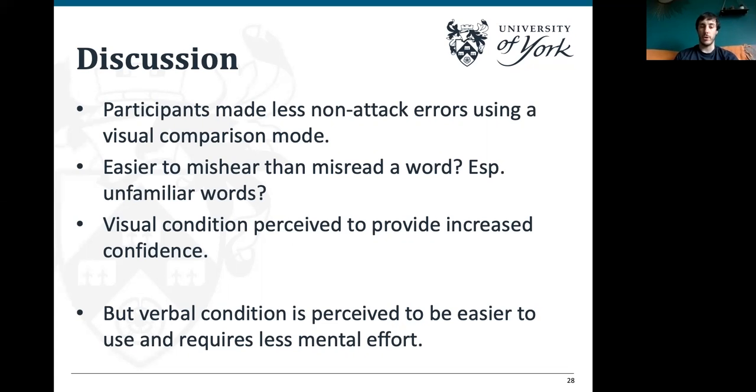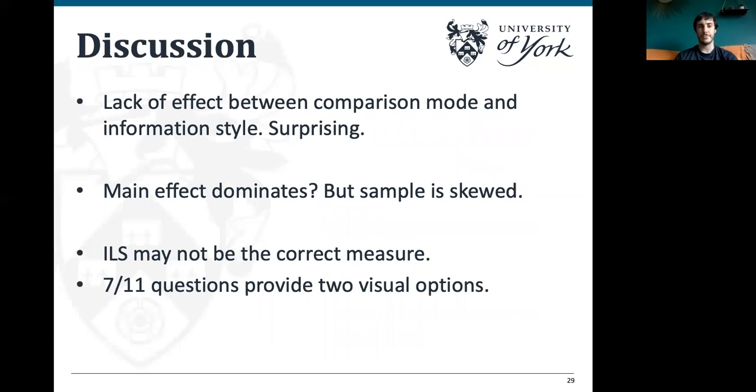In contrast, verbal conditions are perceived to be easier to use and require less mental effort. So in some cases, even though the visual condition may be perceived to provide increased confidence and performance, participants may just choose to use the verbal condition because it's just easier to use, and sometimes this is a secondary task to actual communication.